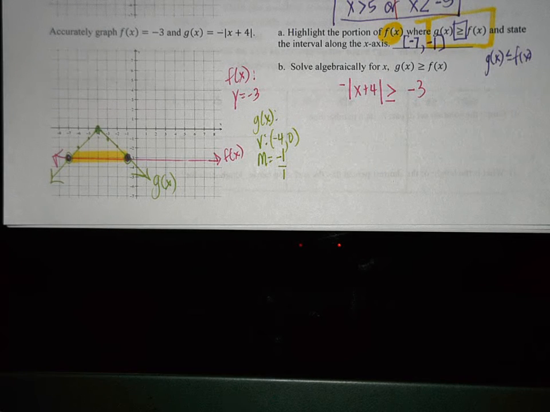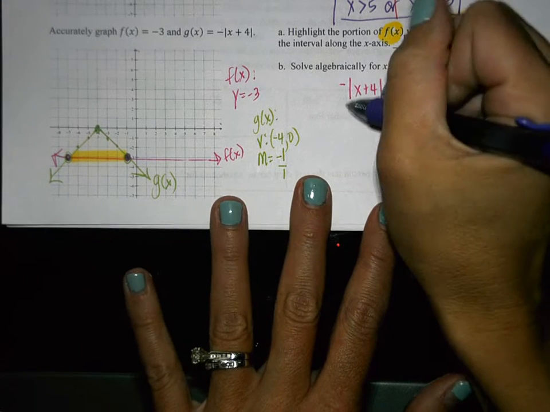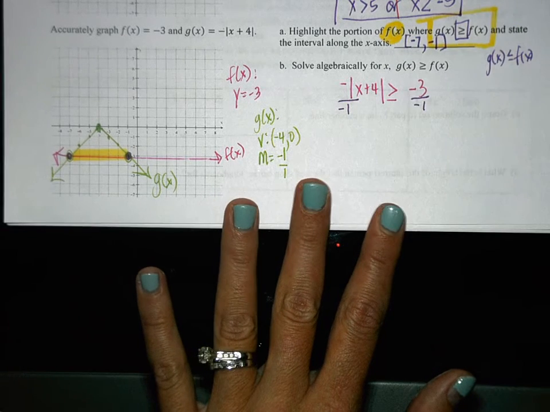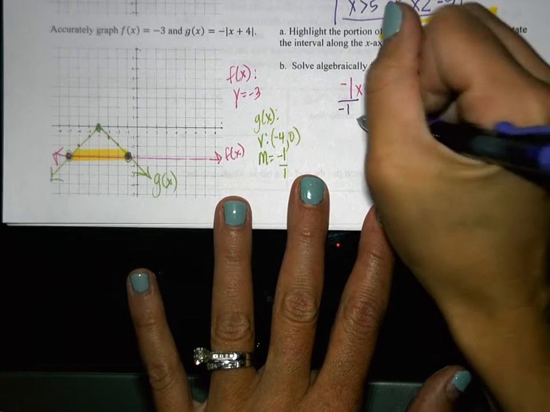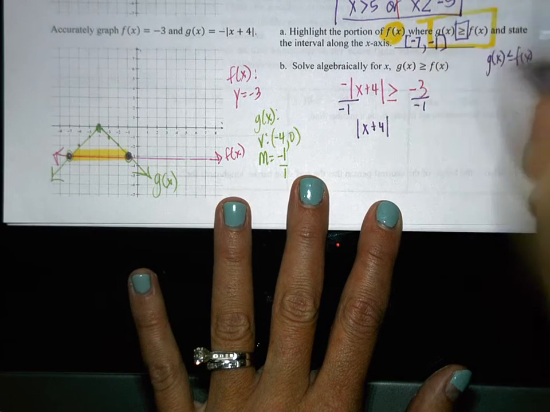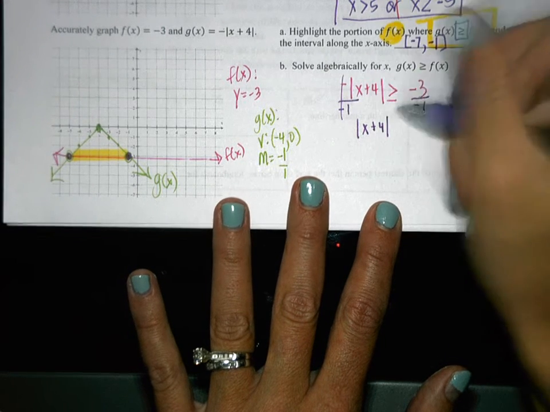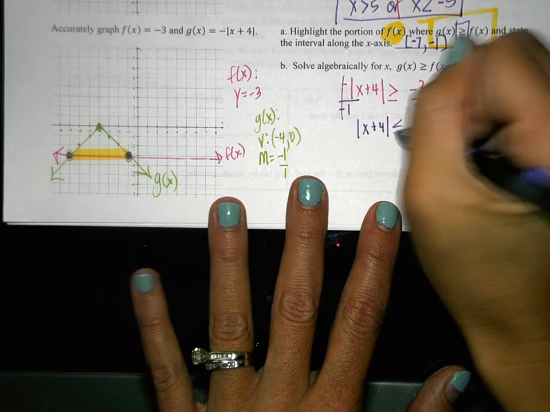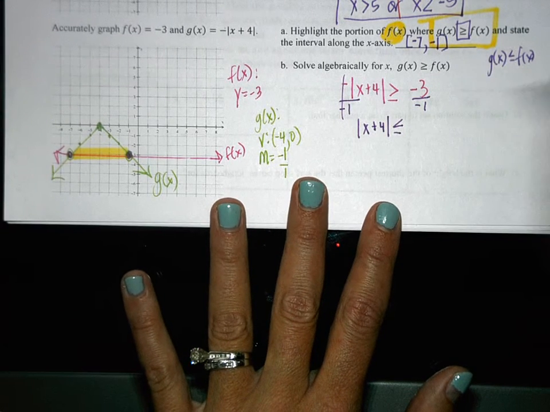Divide by -1. Good. So we're going to divide by -1 to both sides. And what happens when I divide by a negative? So we get absolute value of x plus 4. Two negatives make a positive. And what do I do with that inequality sign? Switch it. So it's going to be less than or equal to 3.